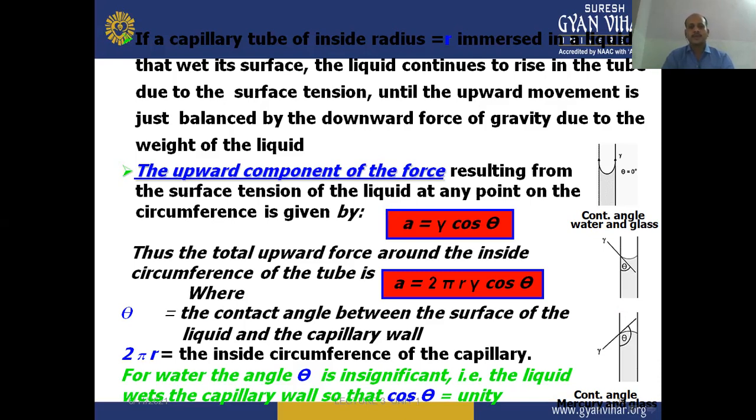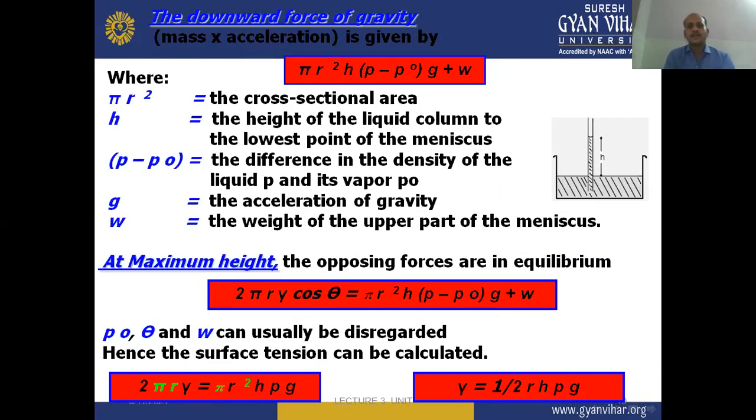So when we go through the different components which are situated on the circumference, we can find one term, 2 pi r gamma cos theta. Similarly, when we go through the downward force of gravity, it is written as F equal to mg.